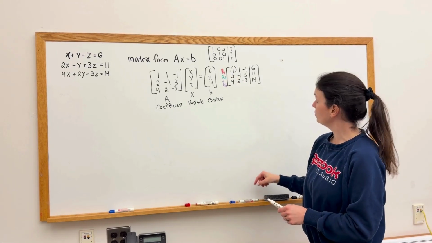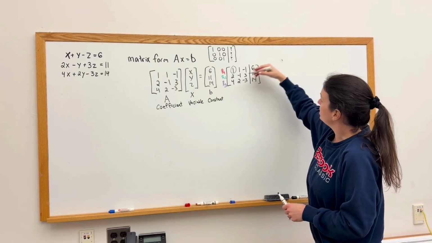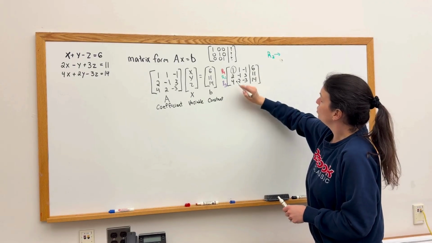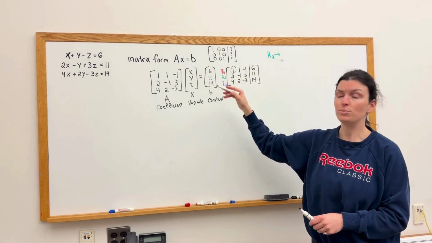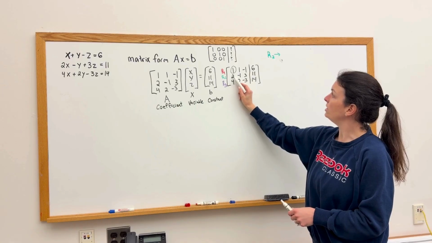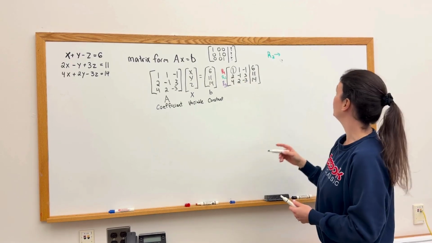So how do we get 2 to become a 0? Well, we can take row 2 and change it to row 2 minus 2 times row 1, because what's 2 minus 2 times 1? It's 2 minus 2, which is 0, which is what we're looking for.